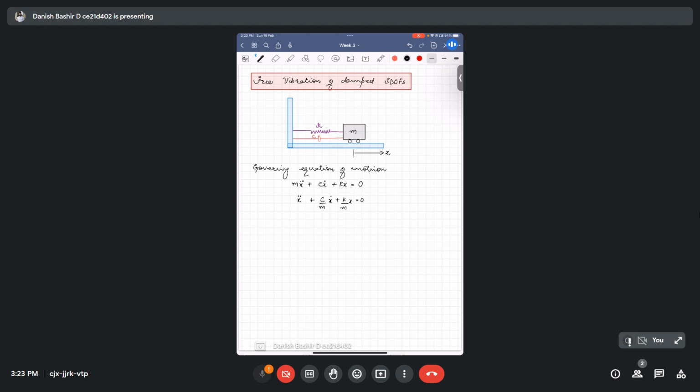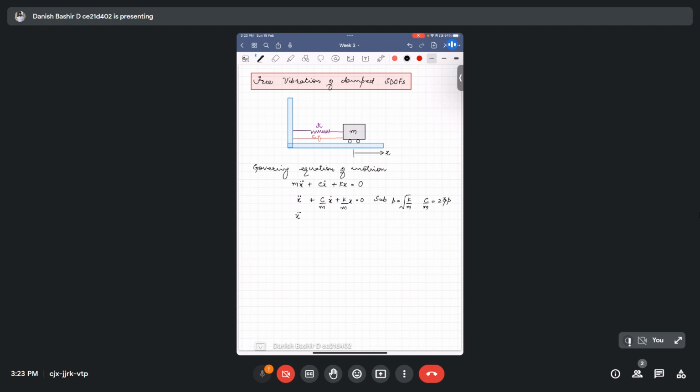We will make some substitutions here. We will put p as equal to under root k by m, or k by m is equal to p square, and also we will write c by m as twice theta p, where theta is the damping ratio.